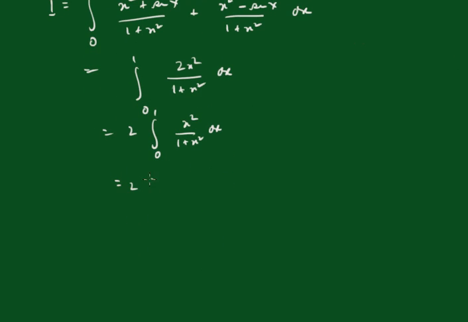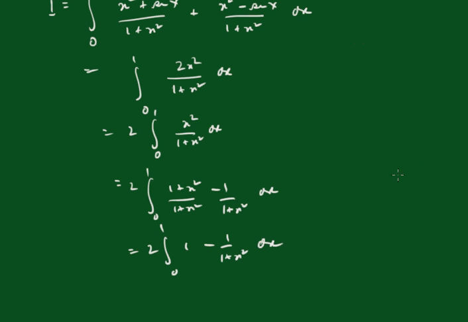That's going to be 2 times the integral between 1 and 0 of 1 plus x squared minus 1 over 1 plus x squared dx, which is 2 bracket 1 minus 1 over 1 plus x squared between 1 and 0 dx.